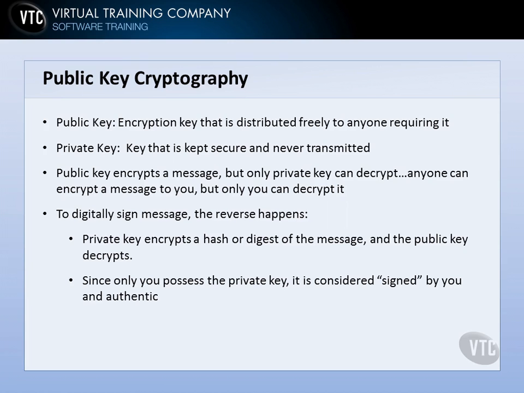So you might be thinking, well, that's not very confidential. Well, confidentiality is not what I'm trying to ensure right there. If I encrypt with my private key, anyone can decrypt it. What that means, though, is that since only I possess the private key, it's considered signed by me and authentic, because only I could have encrypted and sent that message. So that's really the basis of a digital signature, and we'll talk about that a little bit later.